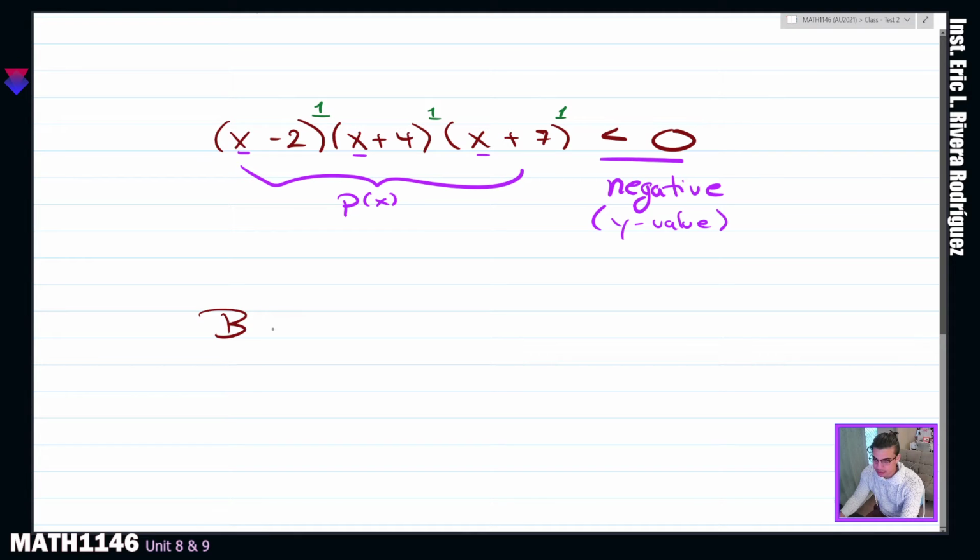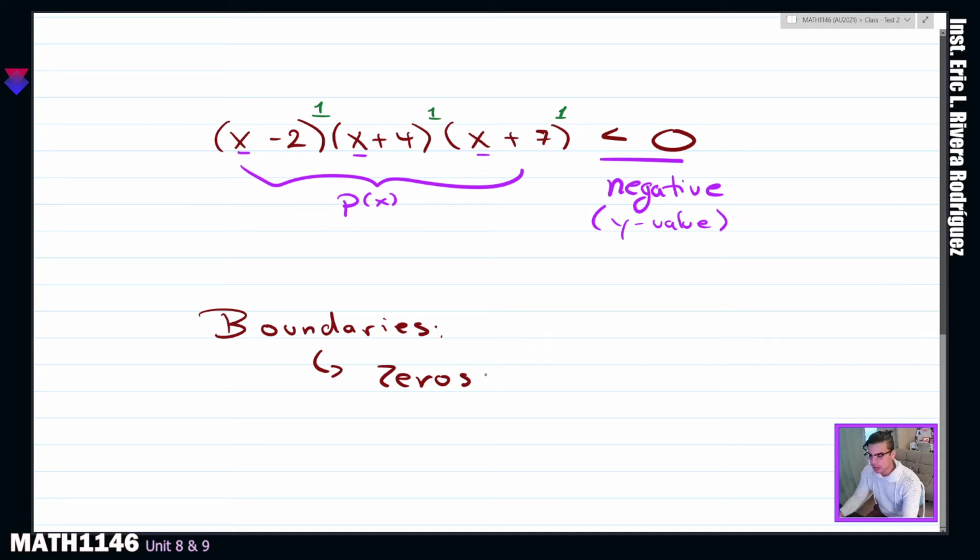And the zeros in this type of exercise, we are going to call boundaries. So we are working with a polynomial in an inequality, less than 0. So the boundaries here are going to be the zeros.